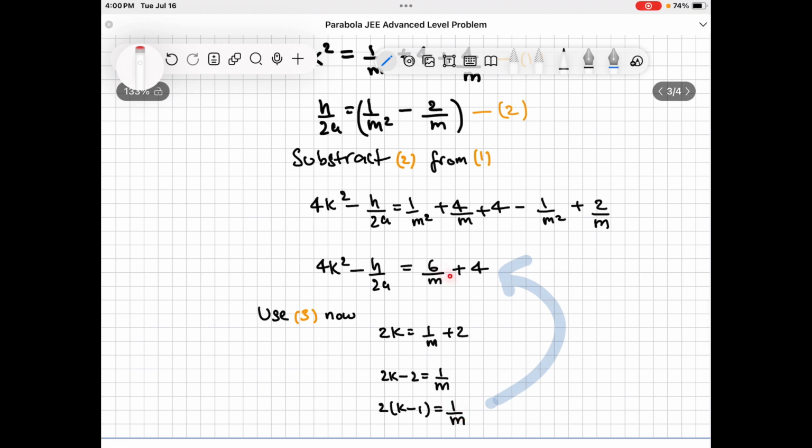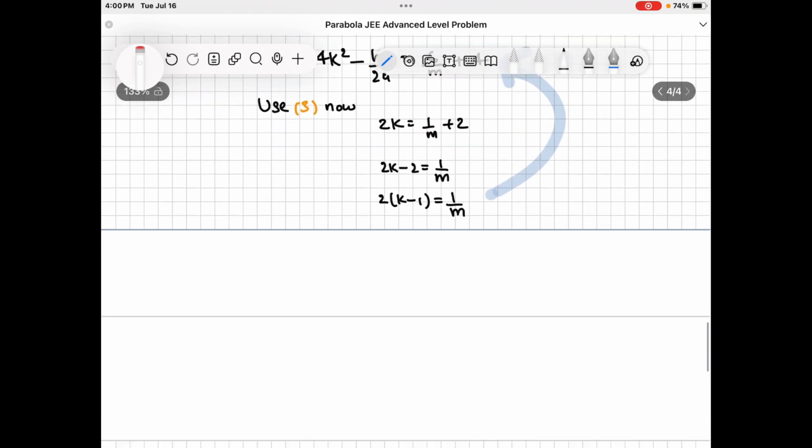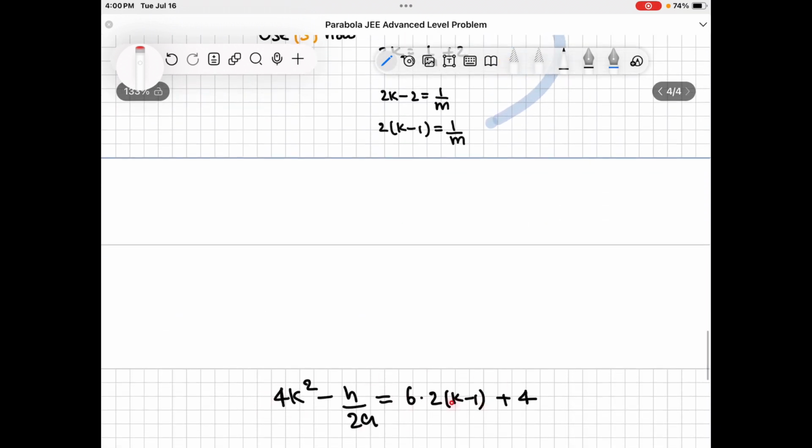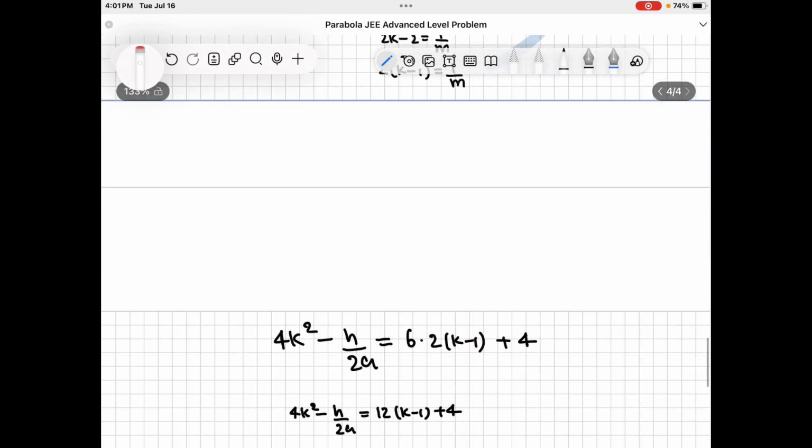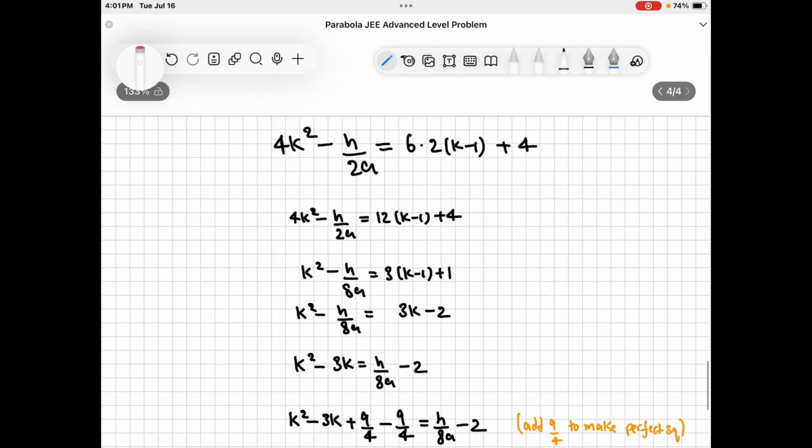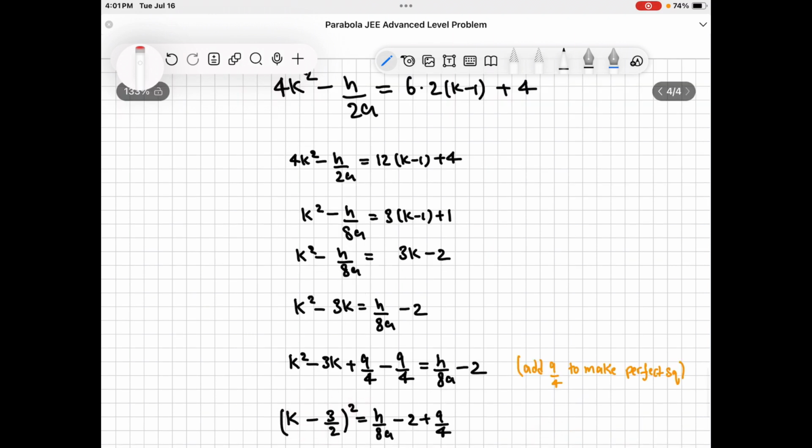We put this value back in this equation, and now we get something like this. Here we have the equation, and now we simplify it more. Now we're going to add plus 9 over 4 to make a perfect square. We have to add 9 over 4, and then subtract it because it is not in the equation.